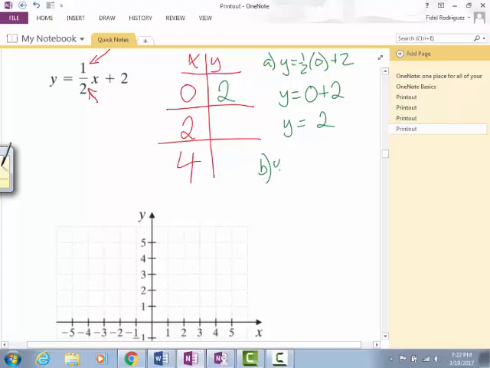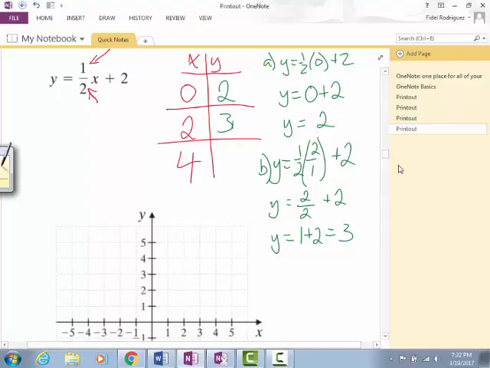So I'm going to say y equals 1 over 2. Since I'm plugging in the number 2, I'm going to think of it as a fraction, 2 over 1, plus 2. I'm going to multiply straight across. 1 times 2 is 2. 2 times 1 is also 2, plus 2. Well, 2 divided by 2 is 1, and 1 plus 2 is just 3.